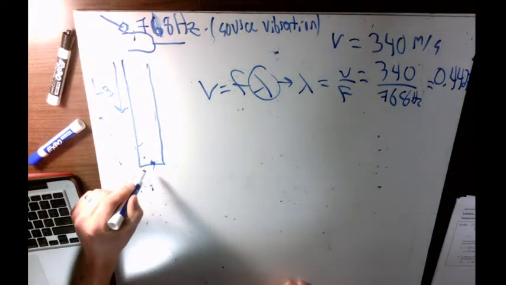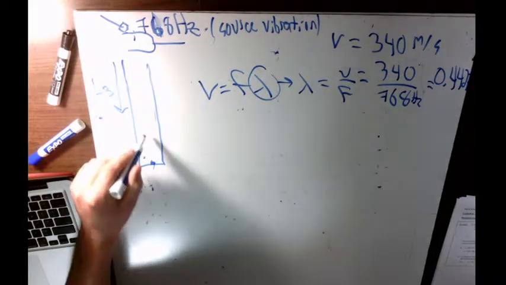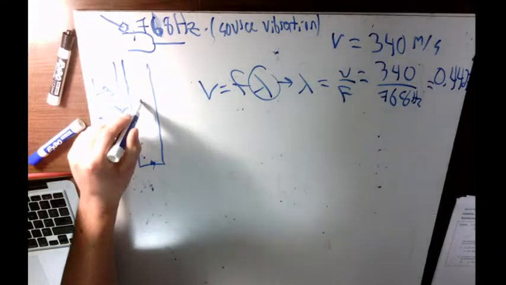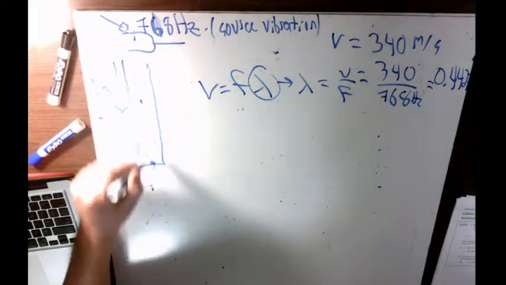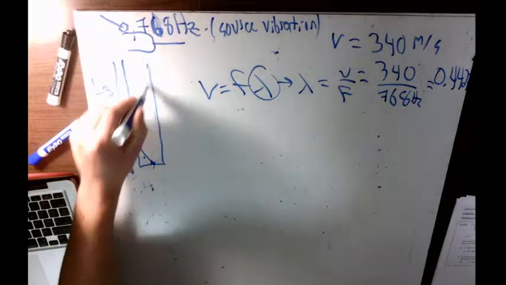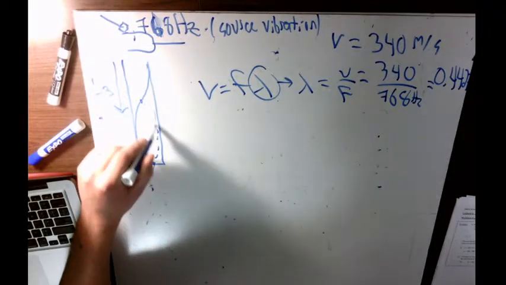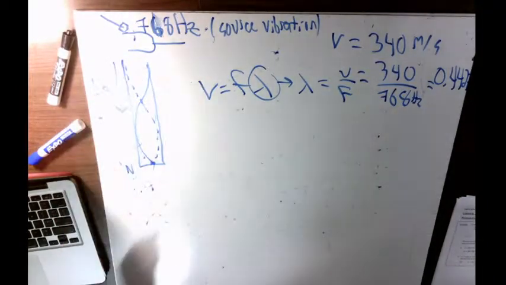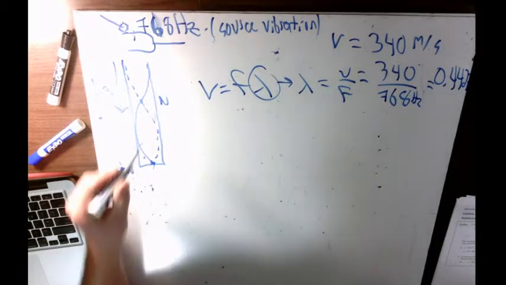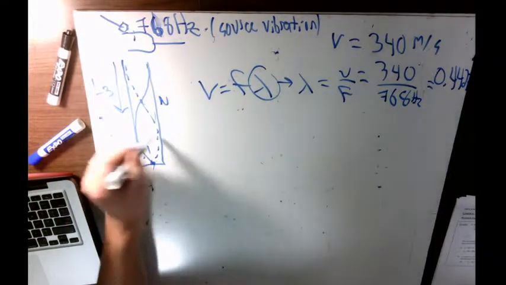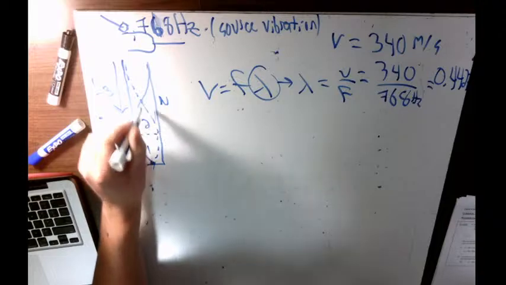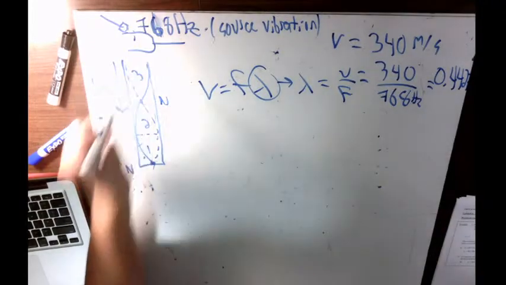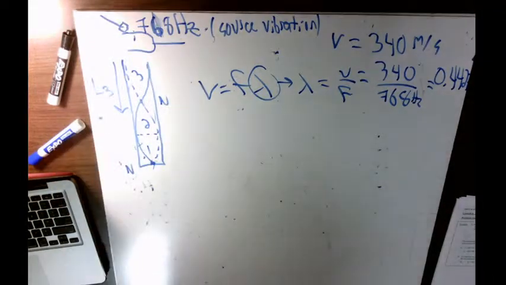We're going to have a node here, antinode, node, antinode. So it'll look like this, where we have 1 half loop, 2 half loops, 3 half loops. So we're in the third harmonic for this one.